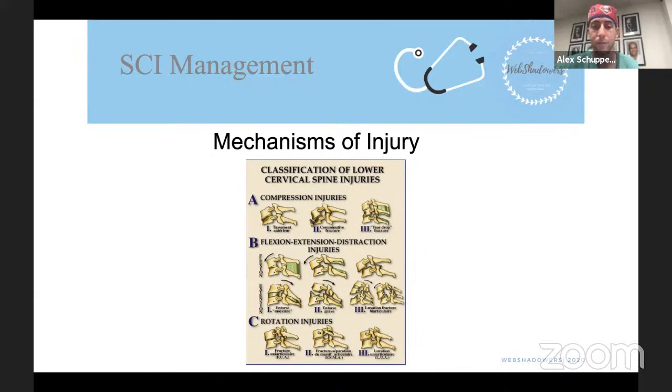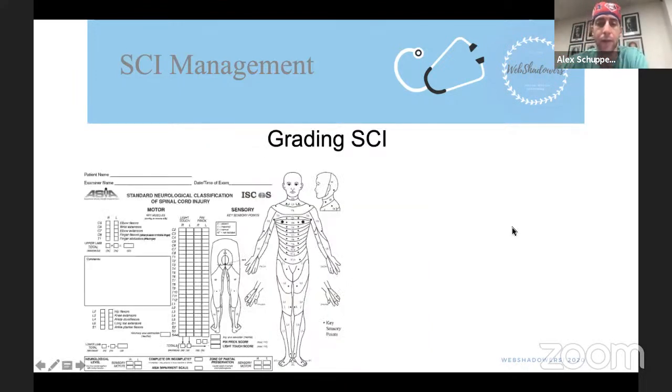You can have flexion, extension, distraction injuries where the bones shift and shear off each other. And then you can have rotational injuries, which can happen especially after high-speed motor vehicle collisions, where the bones can twist off each other and disrupt the joints, which I just showed you where they're located. So understanding spinal cord injury is really important.